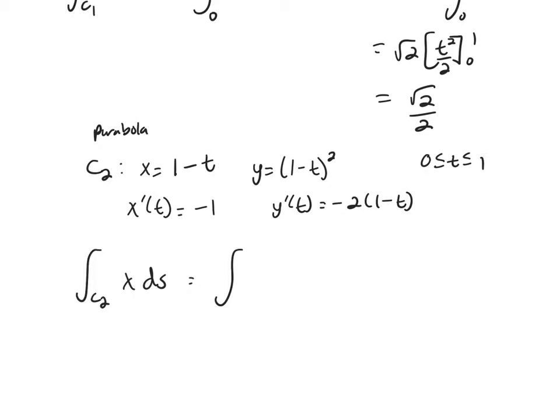So x gets replaced by 1 minus t. And then the square root of -1 squared, which is 1. And then you're going to square this as well, so you're going to get 4 times (1 minus t) squared.